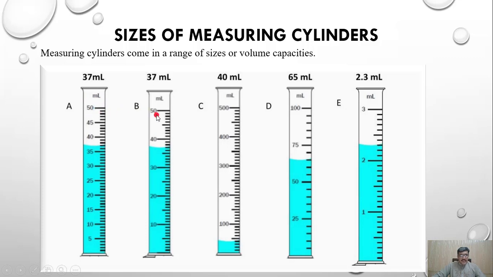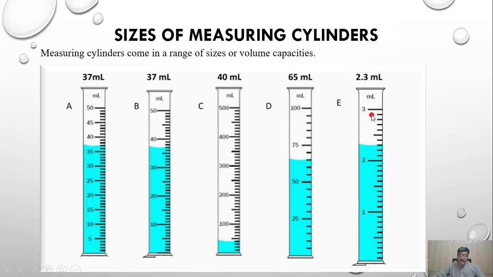And the same is the capacity of measuring cylinder B, and in measuring cylinder C the maximum volume capacity is 500 ml, and in measuring cylinder D the maximum volume capacity is 100 ml, and in measuring cylinder E the maximum capacity for measuring volume is 3 ml.